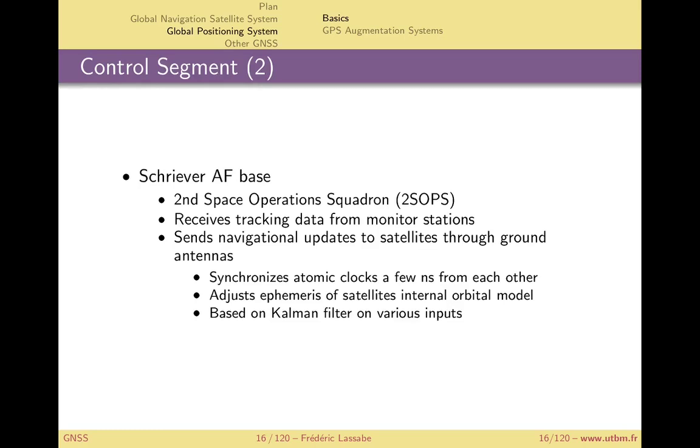So 1 nanosecond error means 30 centimeters error when you compute the distance between the satellite and the user device. They will adjust the ephemeris of the satellite's internal orbital model, because the user device needs this information to compute your location precisely.